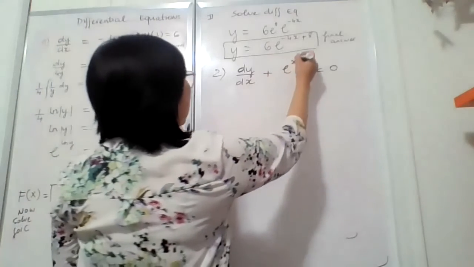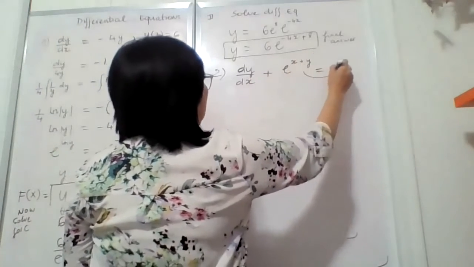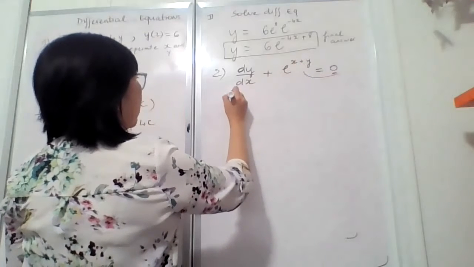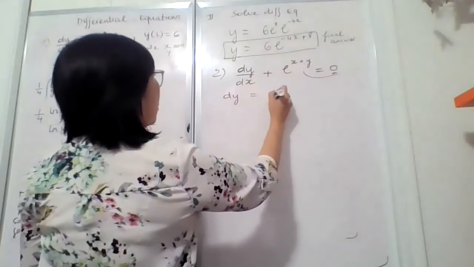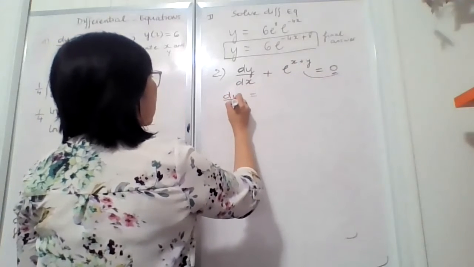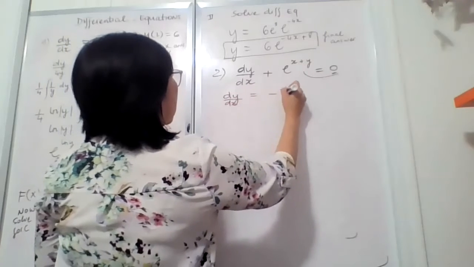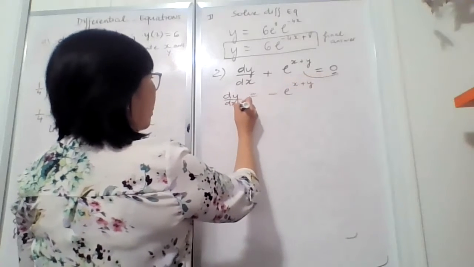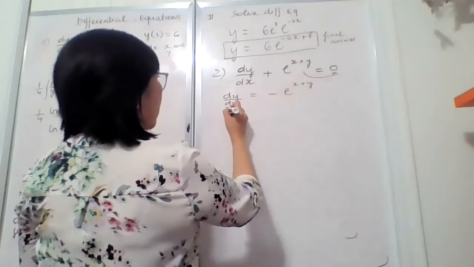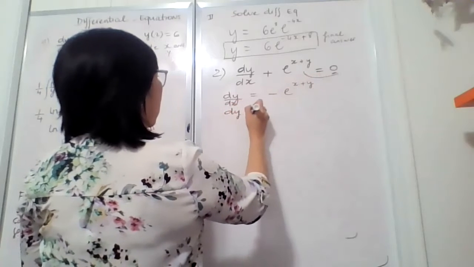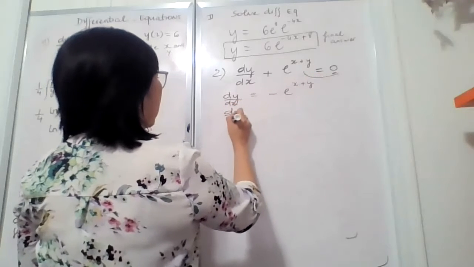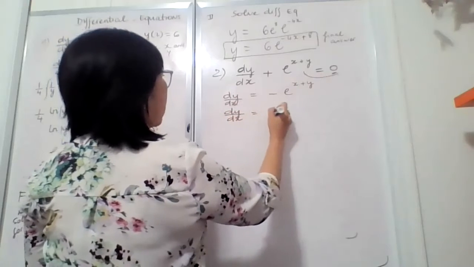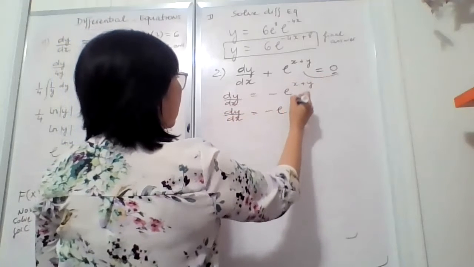Again, I'm going to bring this to the other side of the equation. So I will have dy over dx equal minus e to the x plus y. And I'm going to kick the dx up to here. Dy over dx equals, I'm going to separate, right?